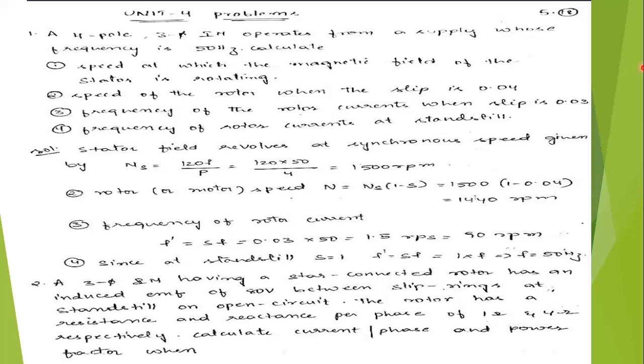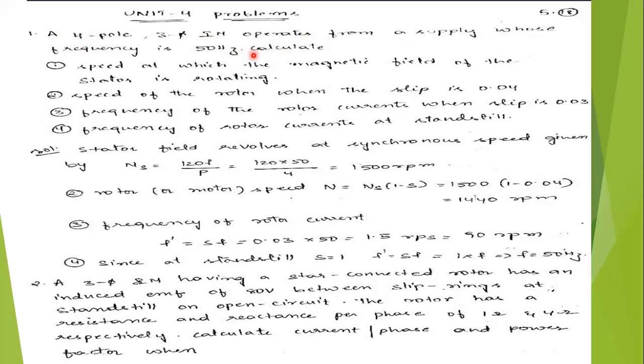See the question. First question. Given data, a 4-pole 3-phase induction motor. IM means induction motor. A 4-pole 3-phase induction motor operates from a supply whose frequency is 50 Hz. So a 3-phase induction motor is given, with 4 poles and 50 Hz.